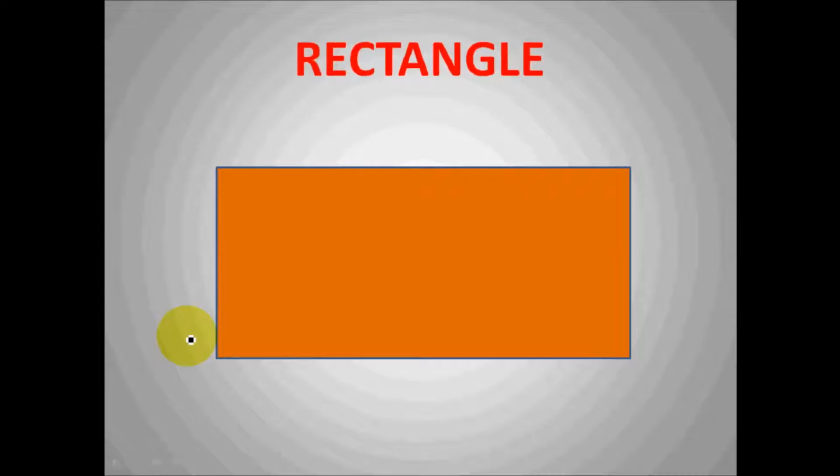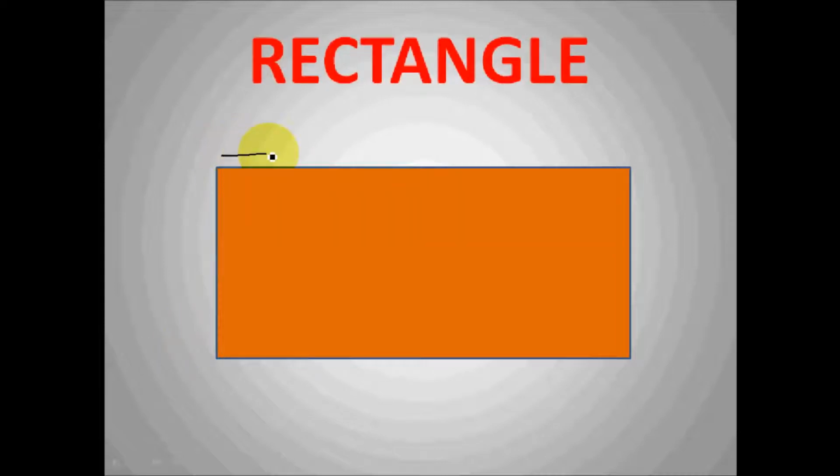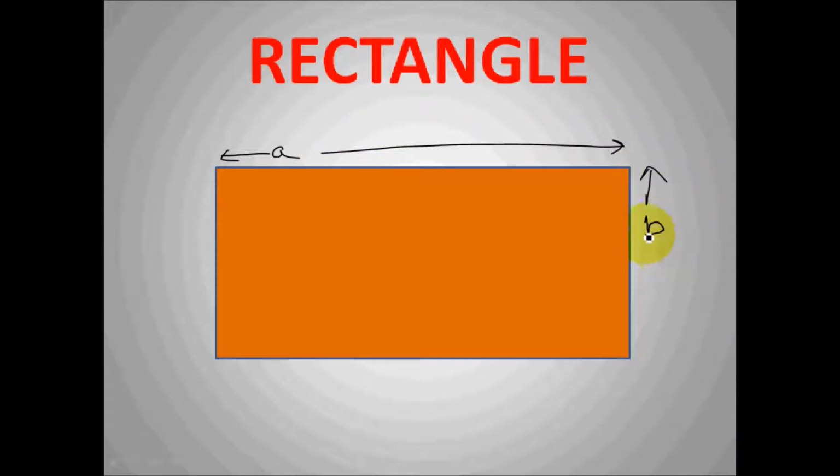Next is rectangle. Let's take one side to be A and the other to be B, and again the opposite to be A dash and B dash.